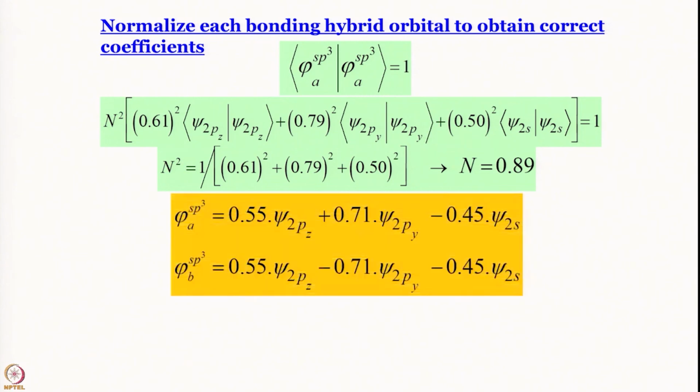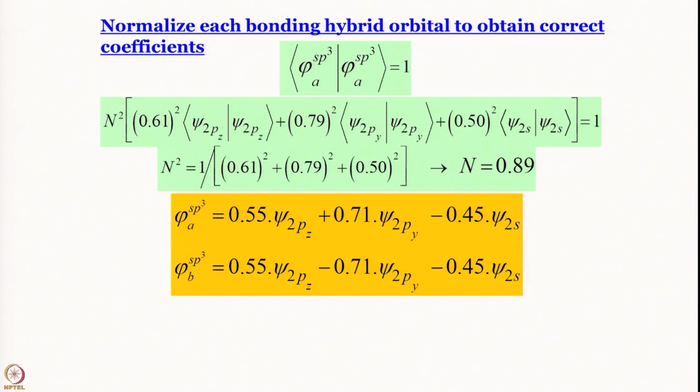Now it is done. You just multiply whatever you had earlier, sin theta, cos theta, 0.5 by 0.89, you get the final expression for these hybrid orbitals A and B, and these are the final expressions. What can we find from here?